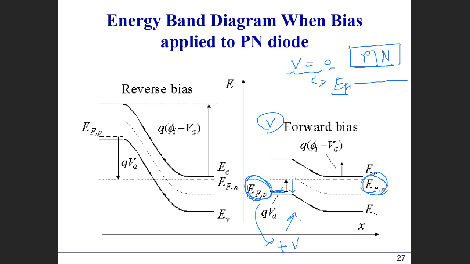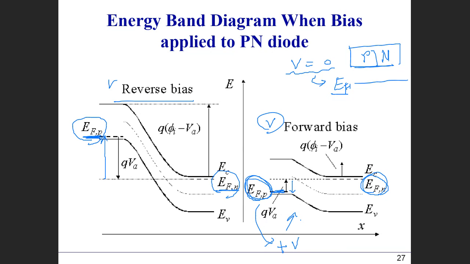Okay. So similarly, if you look at the reverse bias, just to look at the location of EF, the EF in the P side compared to the EF in the N side is higher in this direction.